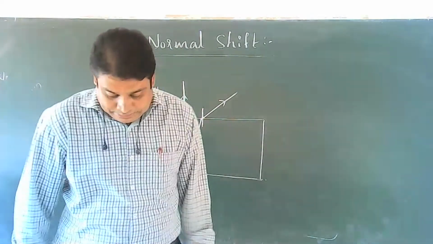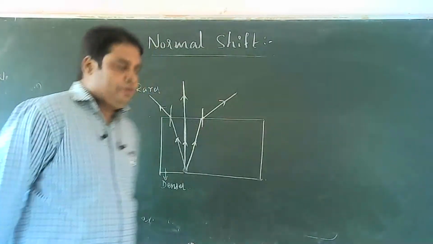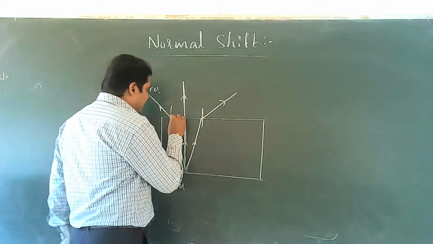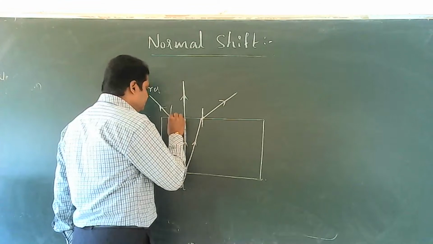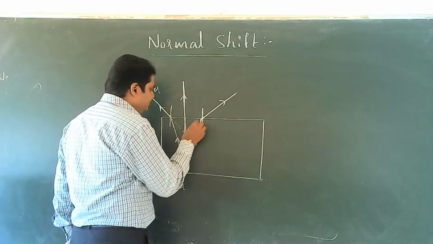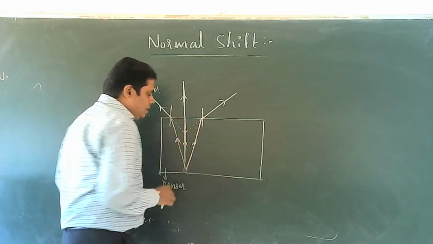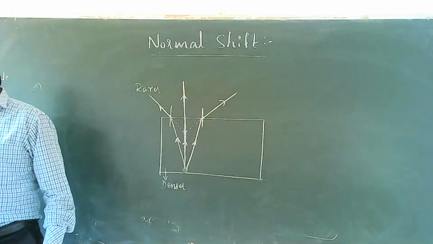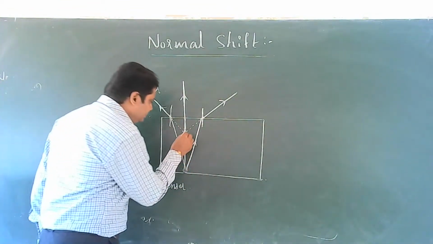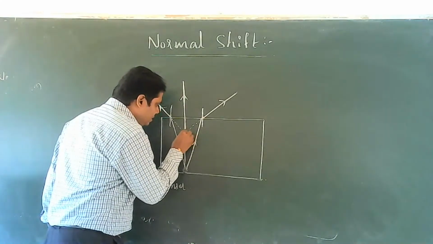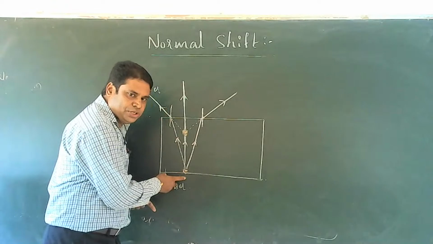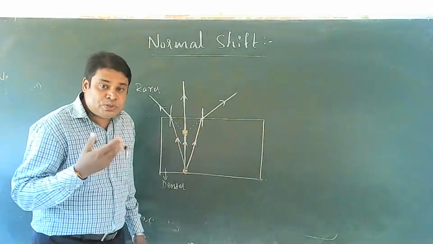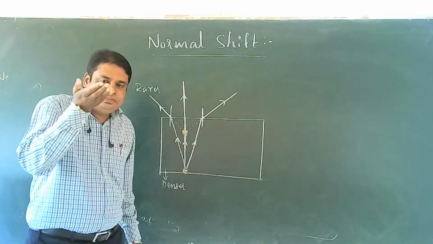When we observe normally like this, let me trace it back. Somewhere here. We observe what? This object, which is the actual position of the object, seems to be raised up.